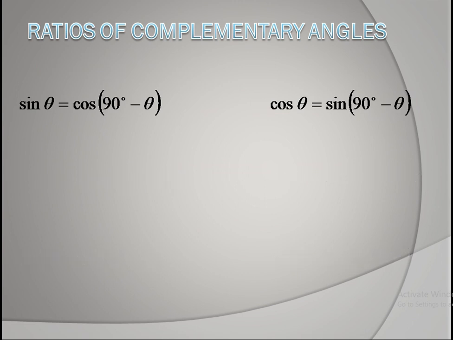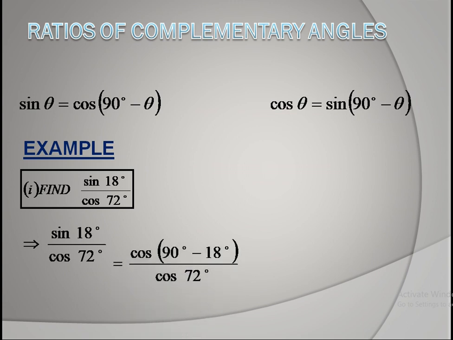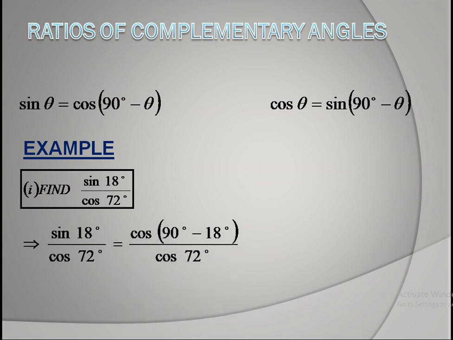Now student, let's see an example. Find sin 18 degree divided by cos 72 degree. Sin 18 degree is equal to cos(90 degree minus 18 degree).